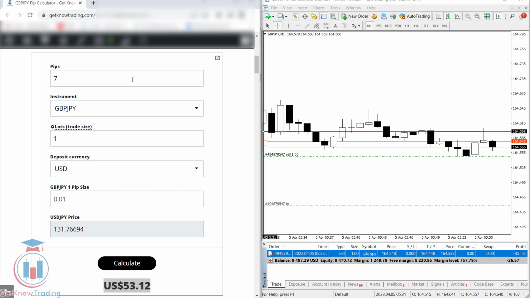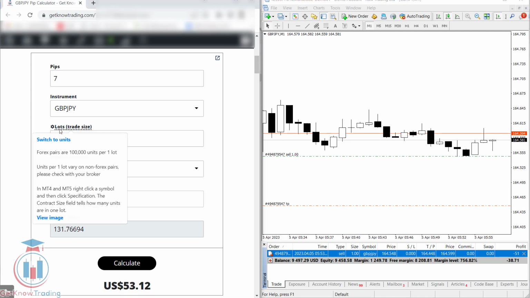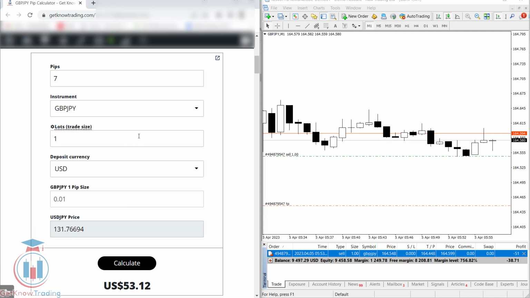You can find it on the Get No Trading website, and also you can see how to use it on the trading platform when you have an MT4. And one thing that you need to have in mind is to pay attention to the deposit currency, and also that you use a lot size, or if you switch to units, enter the correct number of units for the different lot size.